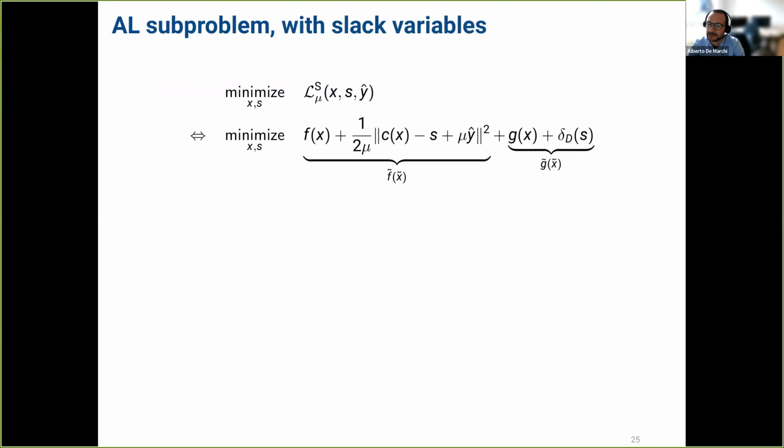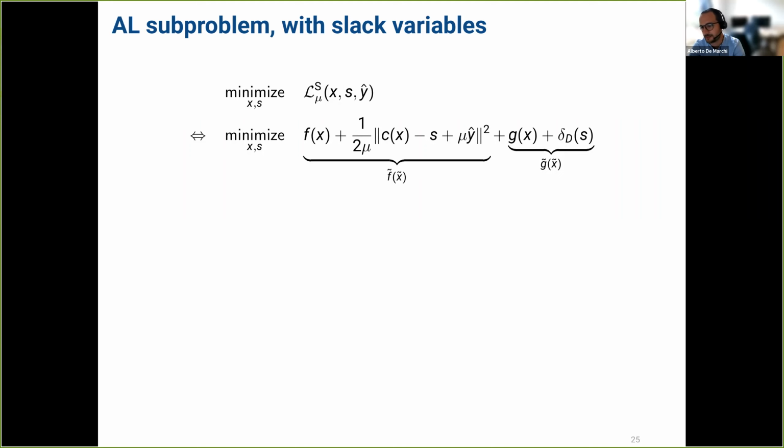Okay, and so now if we look at this subproblem, usually in the augmented Lagrangian approach, we minimize this augmented Lagrangian function given some penalty parameter and this estimate y hat. So we will have to solve a subproblem like this.